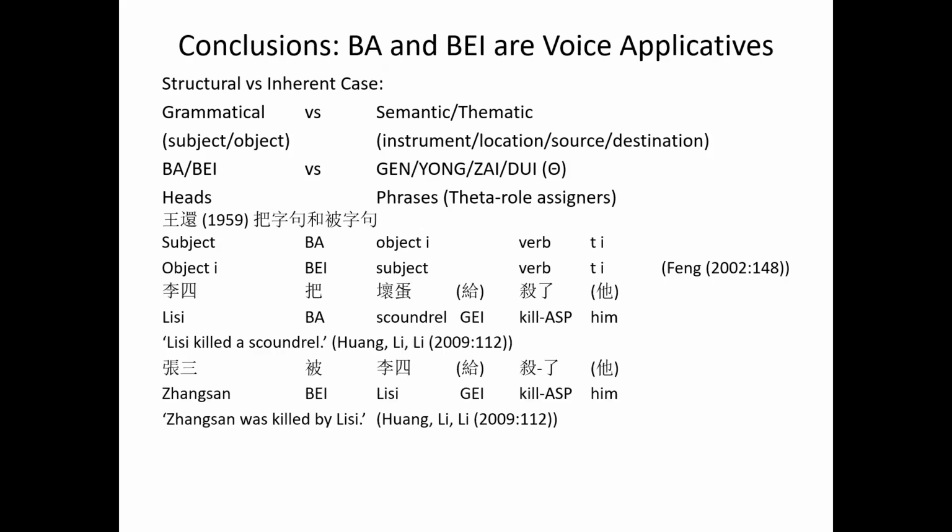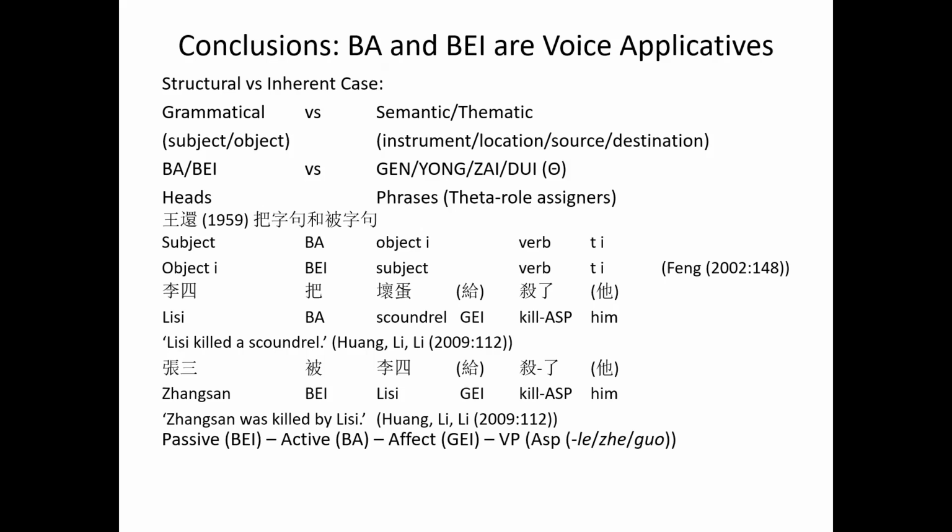Looking at these illustrative examples, if we take into account the gei as well, we can say 李四把坏蛋给杀了, or 张三被李四给杀了. So gei, which denotes affectedness, seems to be the common core to both Ba and Bei constructions.